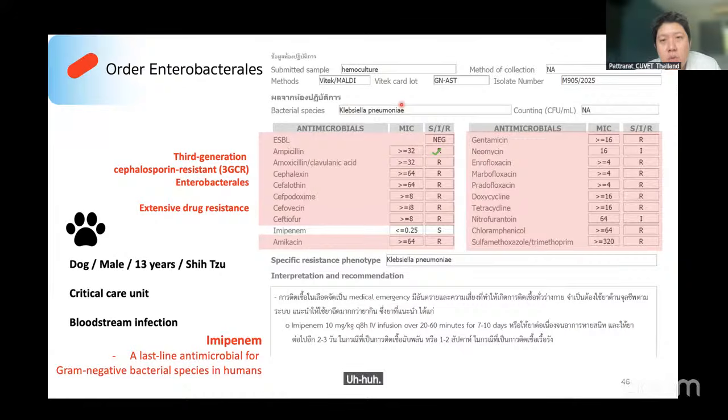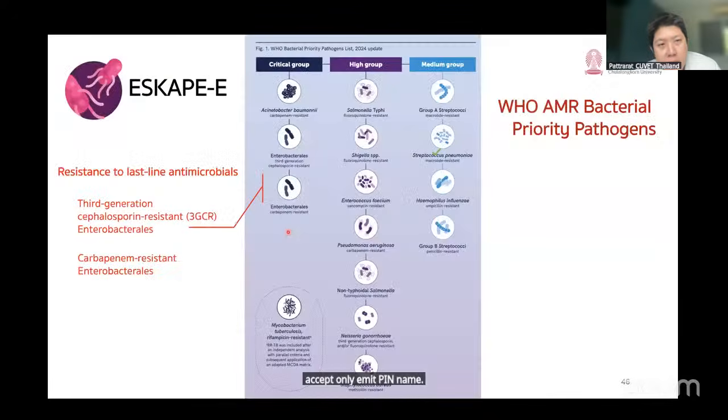They show multi-drug resistance, in red with R, right? Except only imipenem. Imipenem is a drug in the carbapenem group.